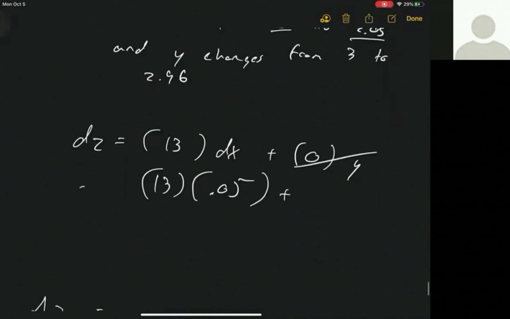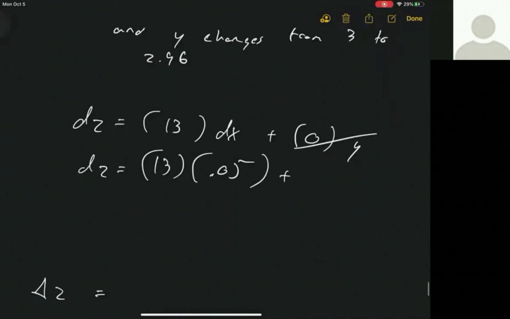Okay. So my dz should be equal to 13 times 0.05, and that works out to 0.65.